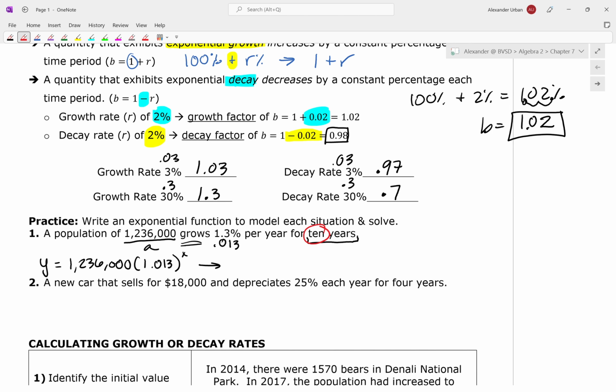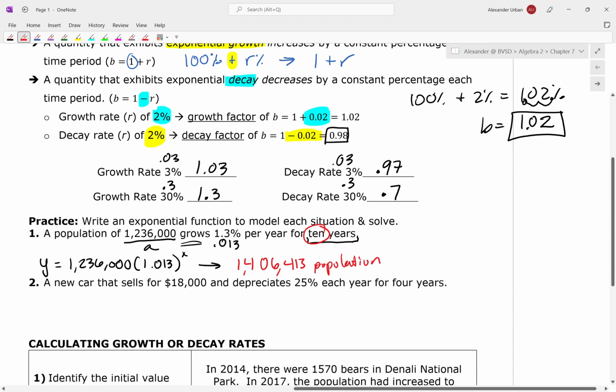When I plug it all in, I'm going to multiply by 1.013 raised to the 10th power, and I'm going to get a growth over 10 years to a population of 1,406,413 people. This one has a decimal in it, but I'm going to assume that you can't have 16% of a person, so I'm going to round down. Some people will round up, some people will round down. Again, this is a population.